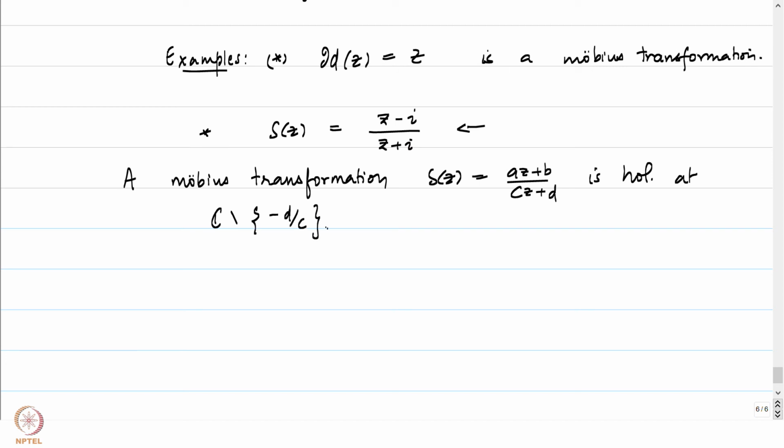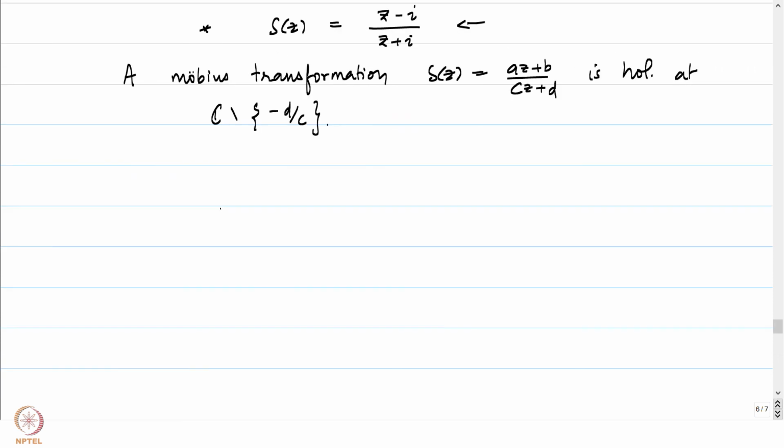The point minus d by c, which is the zero of cz plus d, is precisely the point which is to be thrown out. Everywhere else, our given function is going to be holomorphic by the quotient rule. So that's one observation to keep in mind. So consider now the following Mobius transformation. Consider, maybe, T of z given by dz minus b by minus cz plus a.